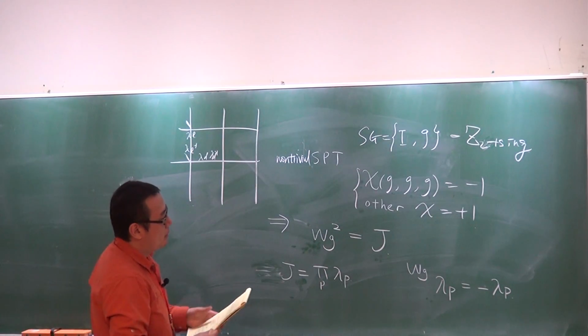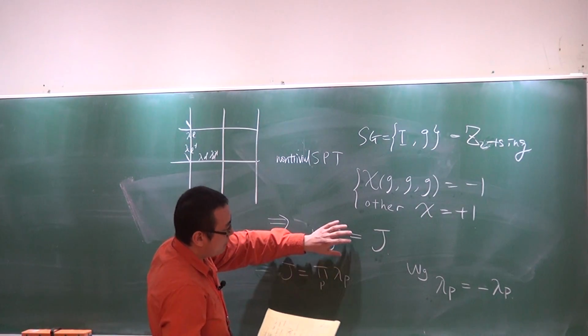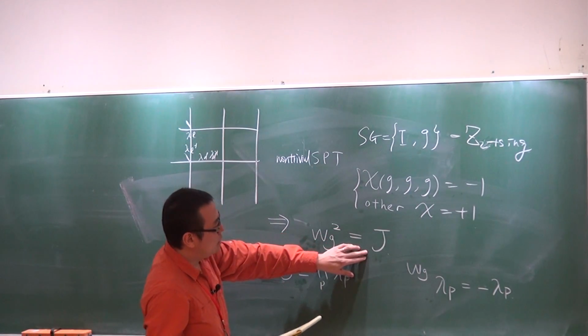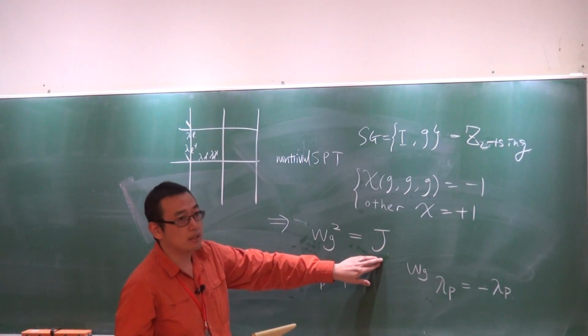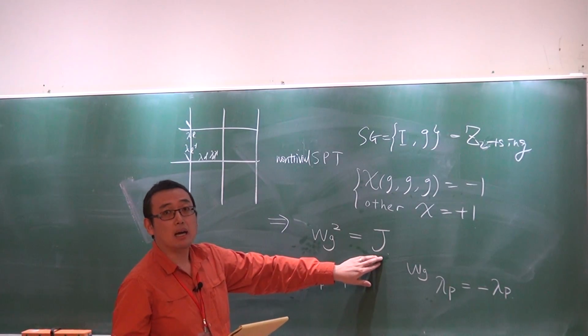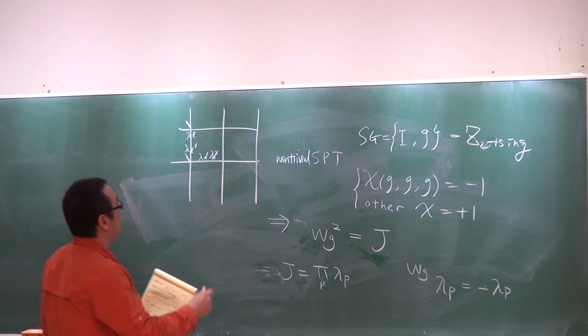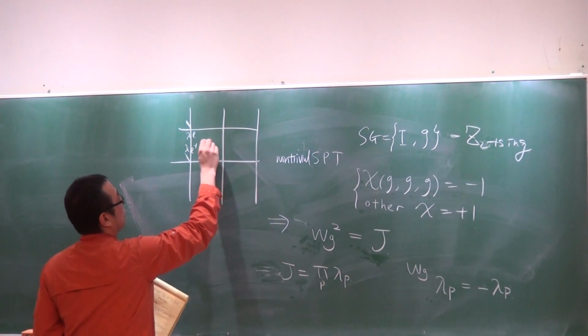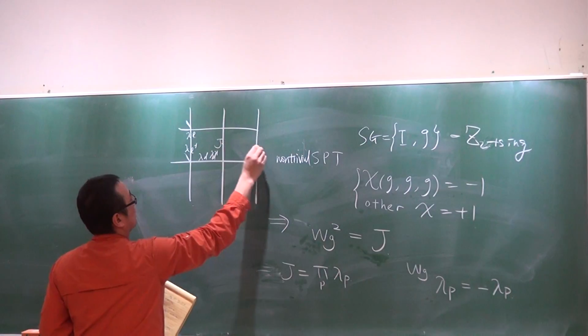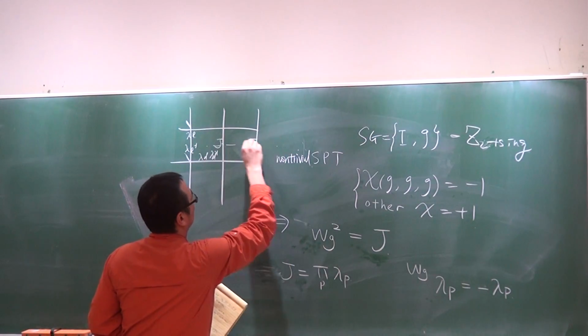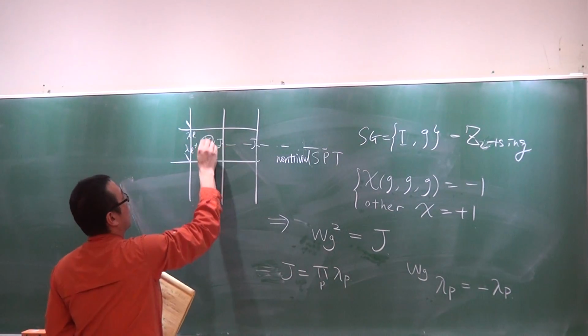So remember, if this J is not decomposable, I actually have a topological order state. Namely, I can create a J string. I can multiply J and J over a string, and I create some particle here.